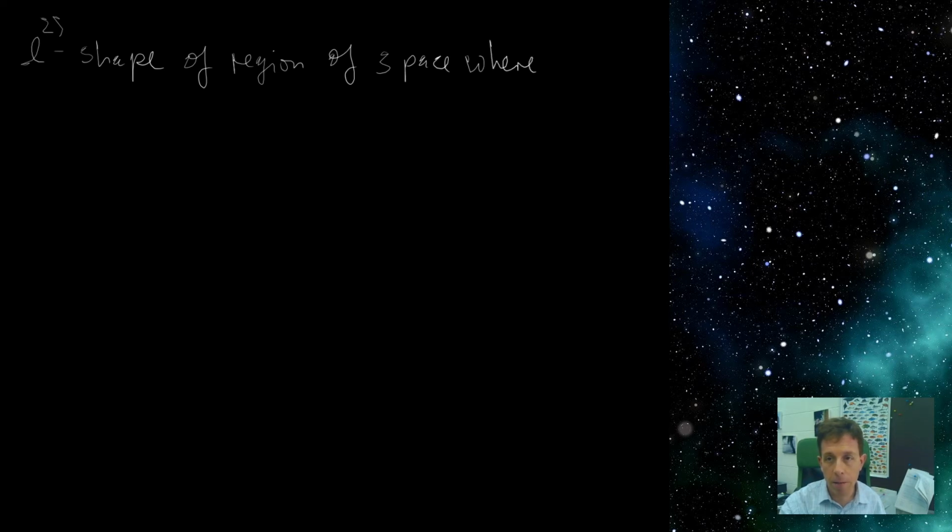So L, the second quantum number, gives us an idea of the shape of the region of space where we find the electron.